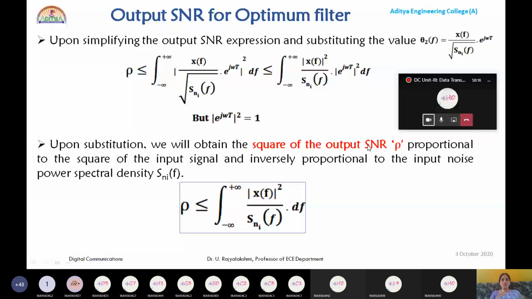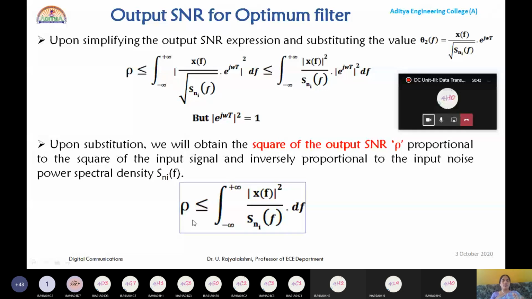Because we got the probability of error expression for the optimum filter as half erfc of x01 of t minus x02 of t divided by 2 root 2 sigma. So it is proportional to the square of the input signal and inversely proportional to the input noise power spectral density Sni of f. So what is the square of output SNR?